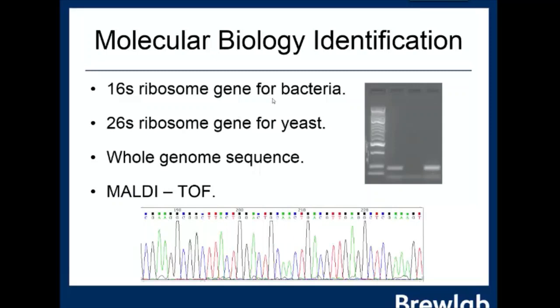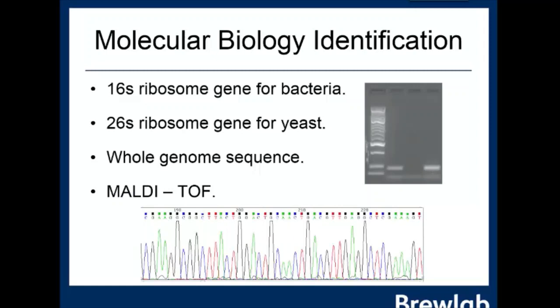Now, some of the applications of those techniques are quite varied. For a lot of applications, it might well be to identify an organism. It might be to identify a bacteria using a 16S ribosomal gene, or a yeast using a 26S ribosomal gene sequence.